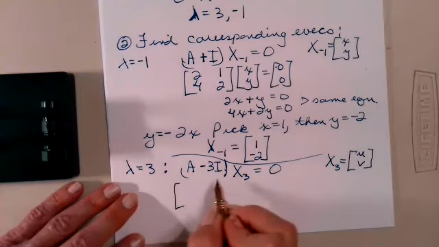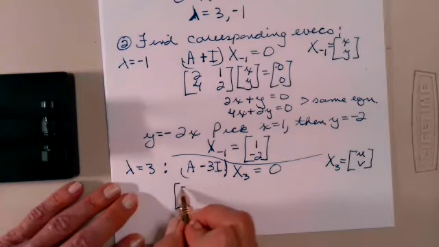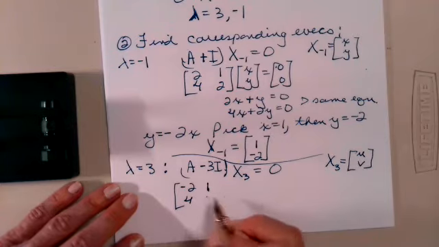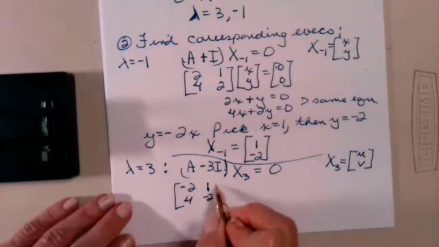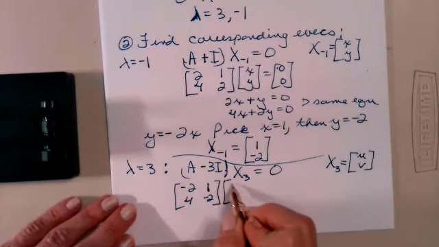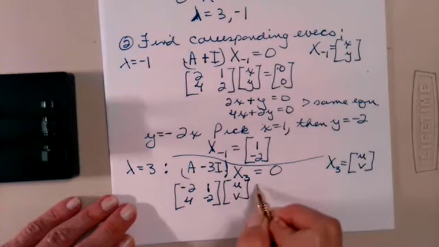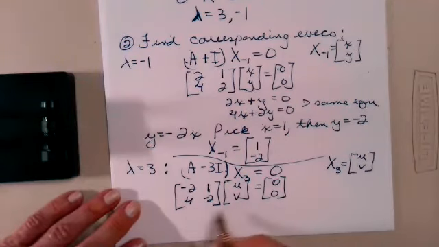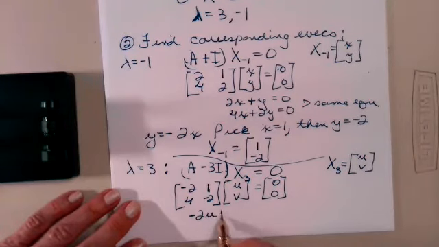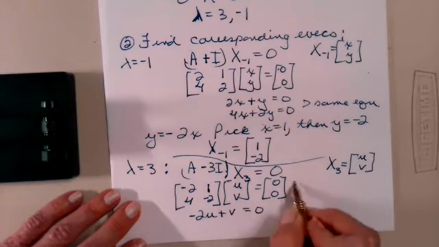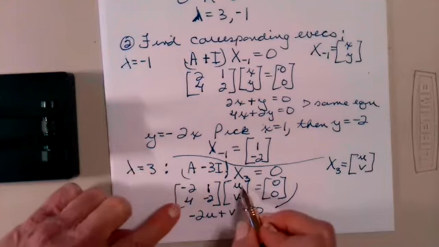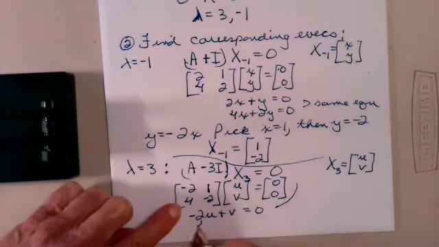So A minus 3 times the identity will be minus 2, 1, 4, minus 2, and then it'll be times the vector u, v equal to the 0 vector. So that says minus 2u plus v equals 0. That's what the first equation says by doing the matrix multiplication. And the second equation says 4u minus 2v equals 0.